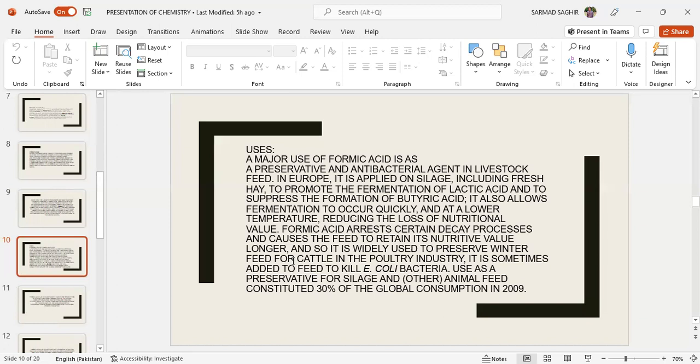It is sometimes added to feed to kill E. coli bacteria. Use as a preservative for silage and other animal feed constituted 30% of the global consumption in 2009.